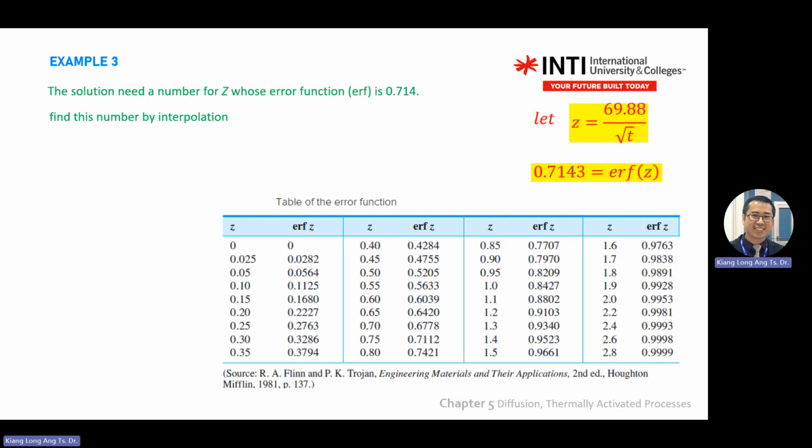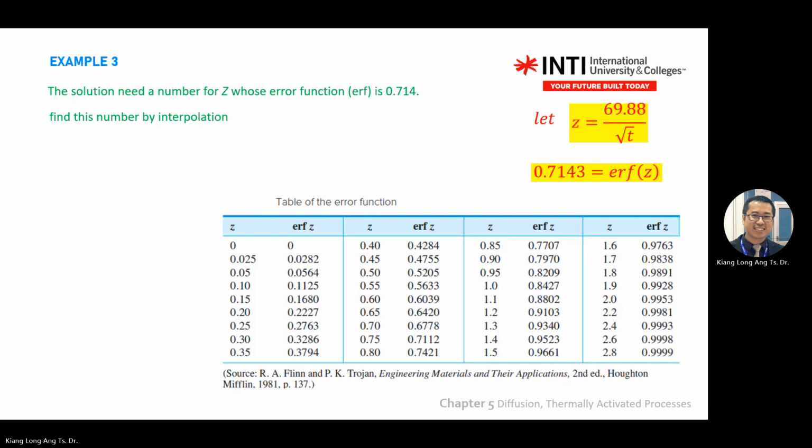That is 1. Perfect value, 1.00. Okay, Z is 1. So straight away here, Z is 1, so your erf is 0.8427. Substitute this into Cs minus Cx divided by Cs minus C0. The Cx is missing. Rearrange the equation, you get your Cx.